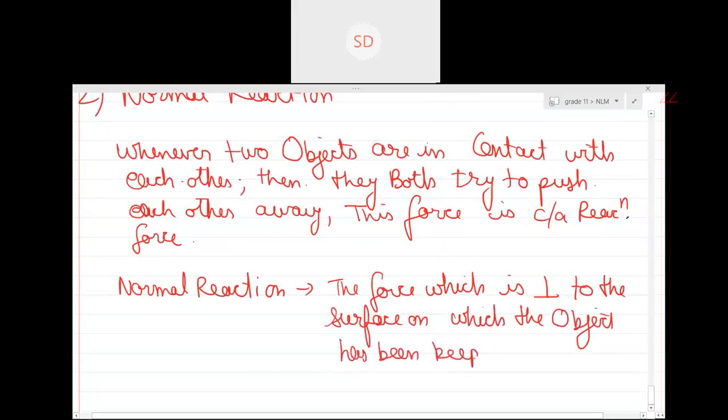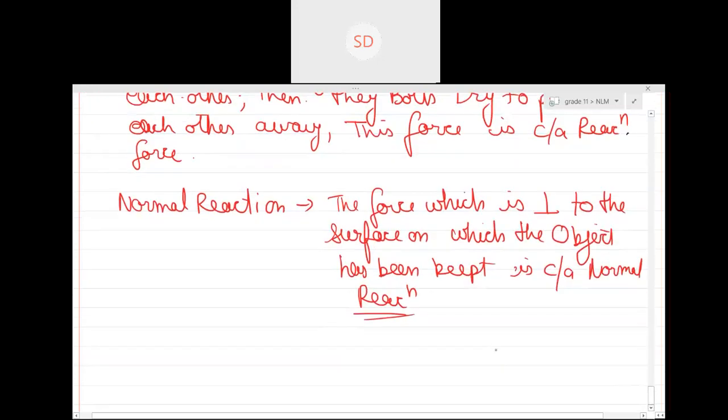That is called your normal reaction. And why the name normal? Because it is acting perpendicular to the surface on which the object is placed, wherever the contact is.